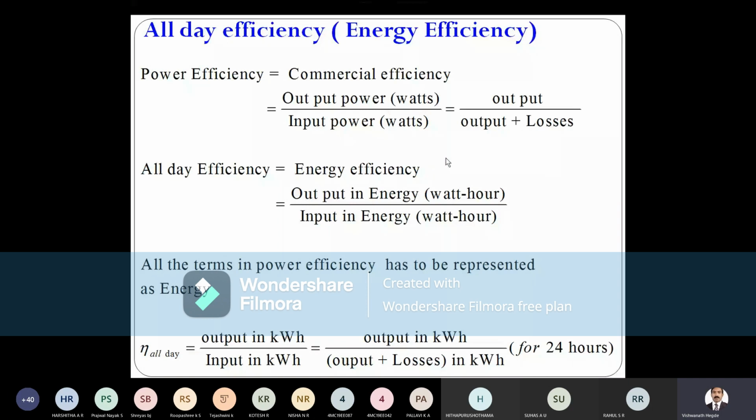In case of power transformer, if it is full load, nearly full load will be there for say 6 hours, 8 hours, 10 hours, or sometimes 24 hours. Whereas in distribution transformers, no such case can be found. Every 5-10 minutes, there will be change in load. Hence, if you calculate commercial efficiency or power efficiency for a distribution transformer, it will not give a fairly good idea about the performance of the transformer.